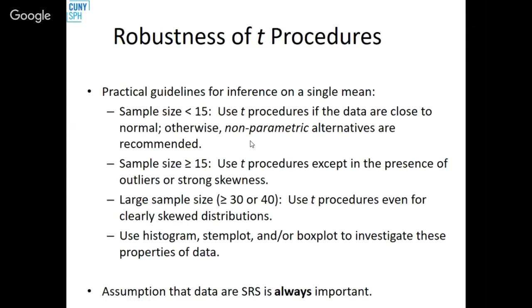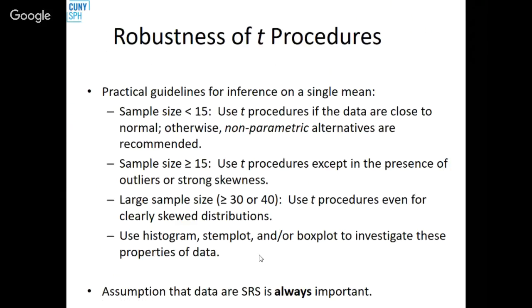For all of the T-based procedures, there are alternative so-called non-parametric tests, which don't make any assumptions about the distribution in the population. If you have a large sample size, say greater than 30 or 40, you can still use T procedures quite reliably, even for clearly skewed distributions. And you can use some of the plots that you've learned for continuous data to investigate these properties.